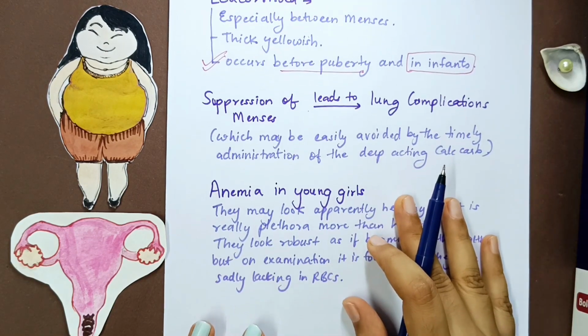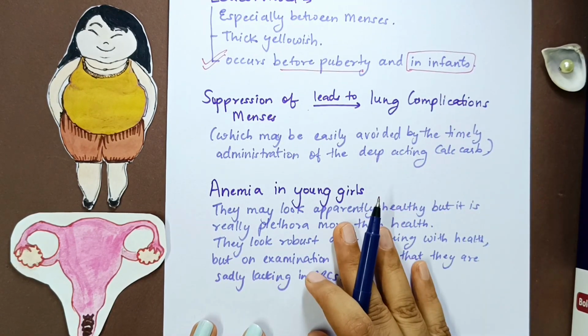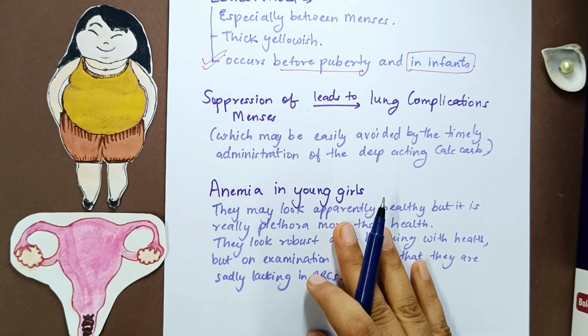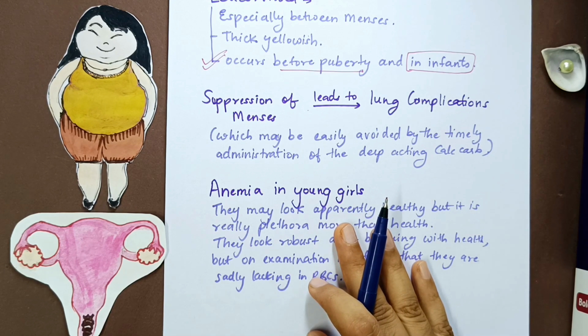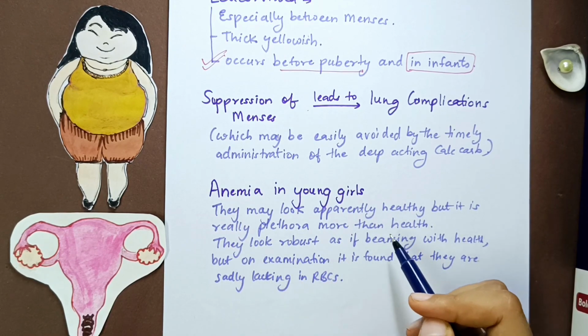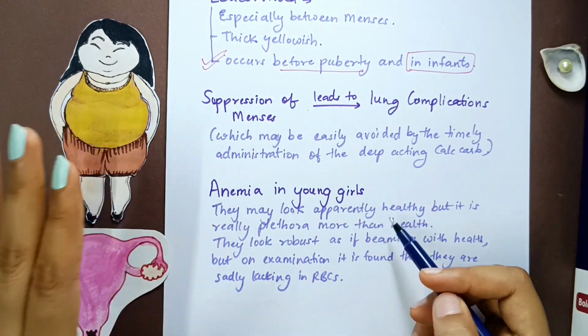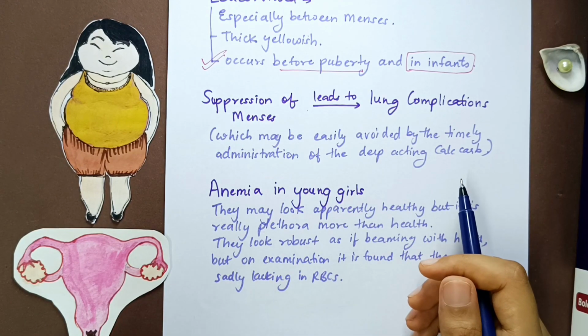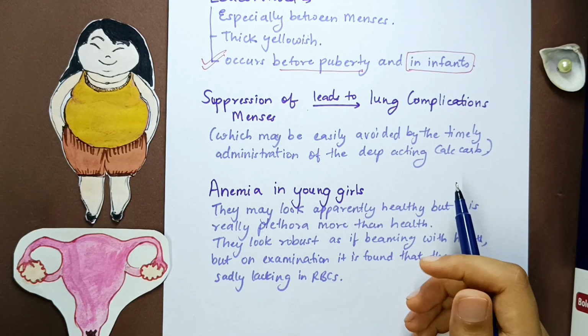Okay. So then we talk about anemia in young girls. Young patients come to you and you see that their face is pale and their hemoglobin is very low. So that is also an indication. They may look apparently healthy, but it is really plethora more than anything. So they will be fat, chubby, and you will see that yeah, they look fine, but then why is the patient like this?